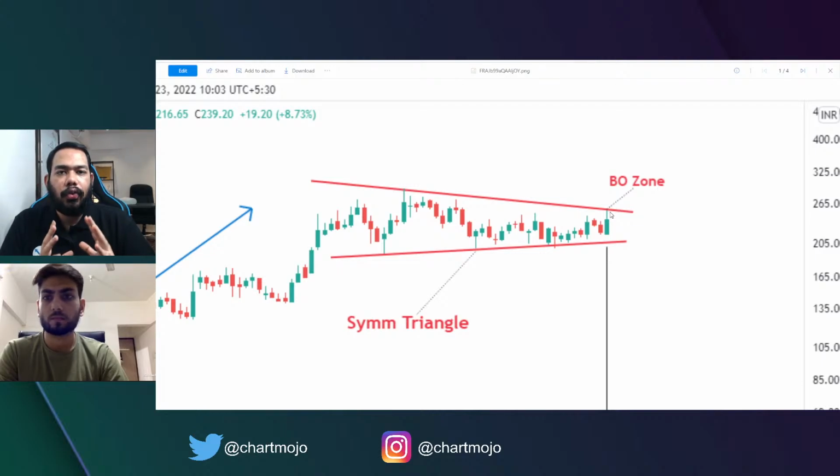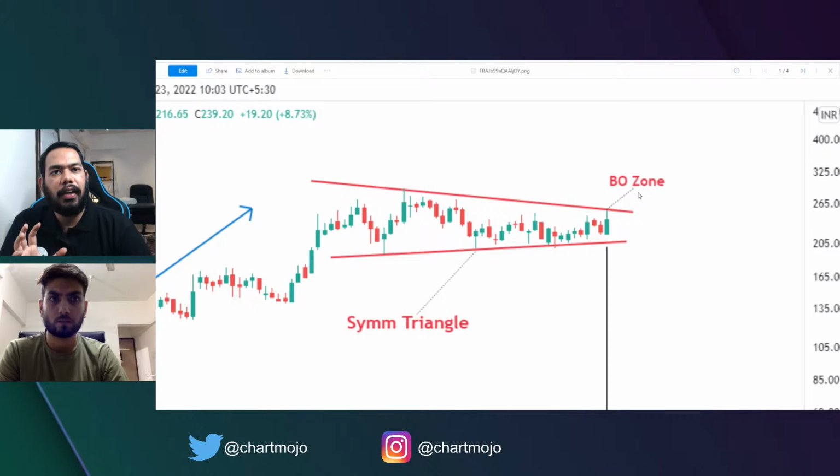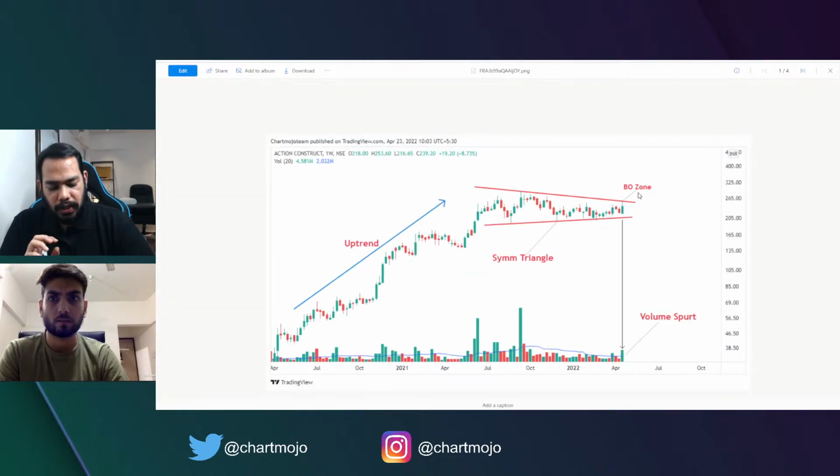If the counter doesn't break 260, then our buy will not trigger, and we can just see how the stock performs. This stock might take 1 or 2 days more, depending upon the market circumstances. And if on Monday we see a gap down, then we can simply leave this.